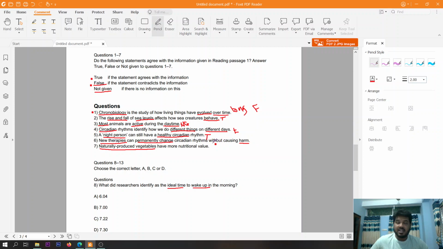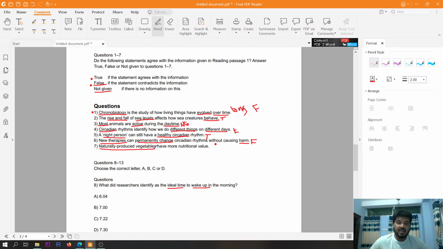The issue here is that it says without, but the text says it does cause harm. So there is the point of contention. The question says it doesn't cause harm, the text says it does cause harm. Because there is a contention here, we can say the answer is false.